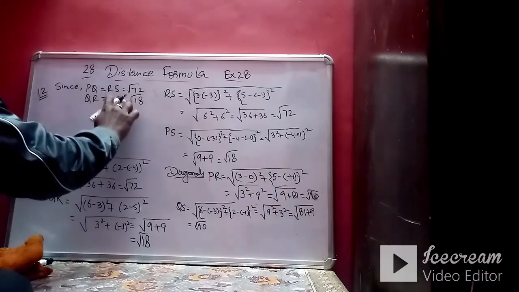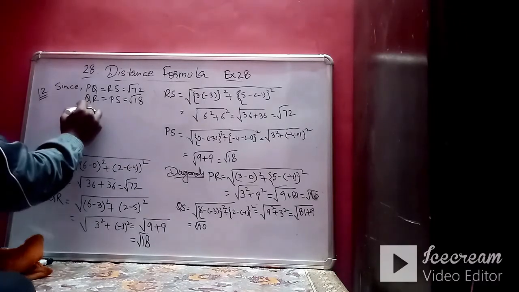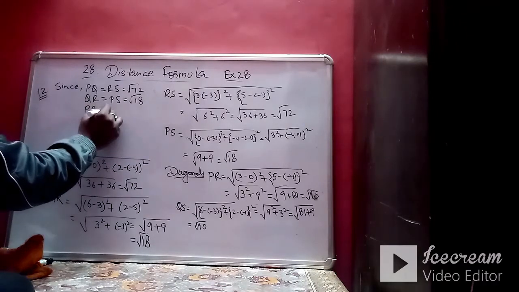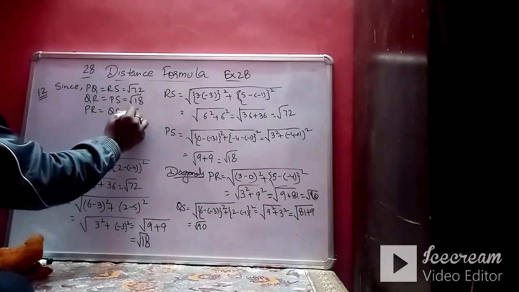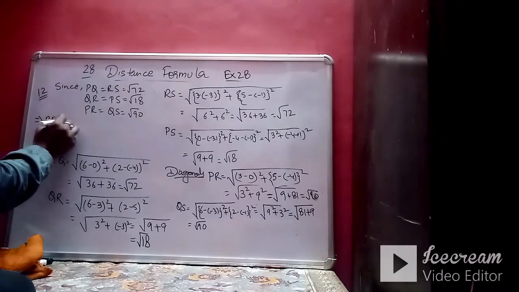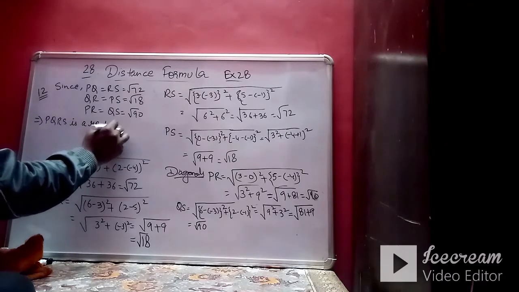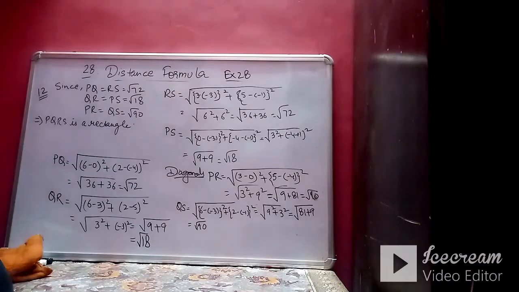Now if opposite sides are equal, it is only the parallelogram. But PR is also equal to QS. So that means PQRS is a rectangle. Opposite sides are equal as well as diagonals are also equal to each other. That means these PQRS are the vertices of a rectangle.